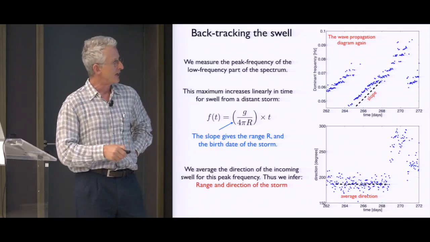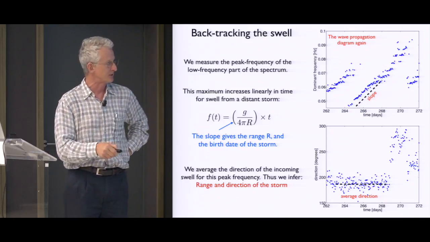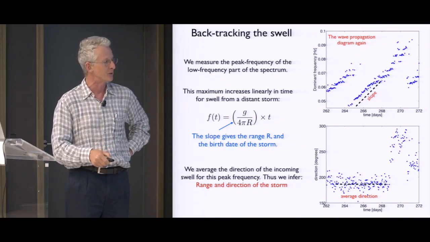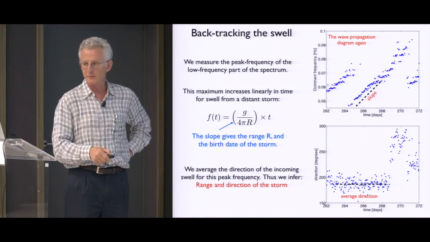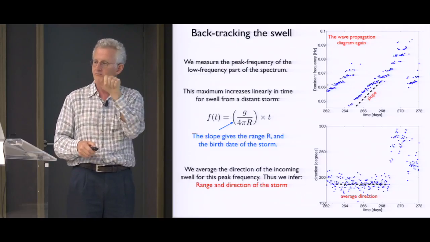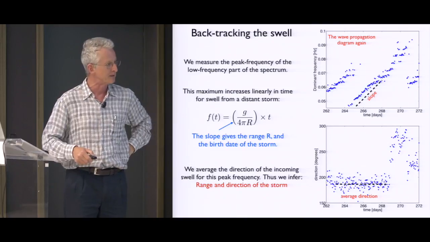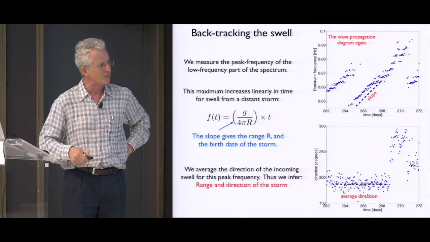Now, we also get a measure of the direction. This is the direction of the waves which are incident on the buoy. So we don't have to use this cumbersome triangle with pressure sensors on the bottom. We're inferring this from signal analysis of the accelerometer.